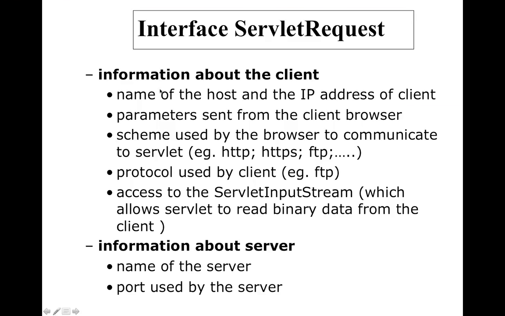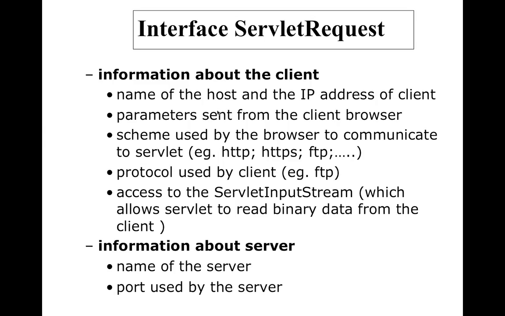So let's see what this servlet request is all about. ServletRequest tells about the client; the name of the host, like who is invoking it, can also be identified. On the server, if I am administrating my server or keeping logs, I can log the IP address of the client also.